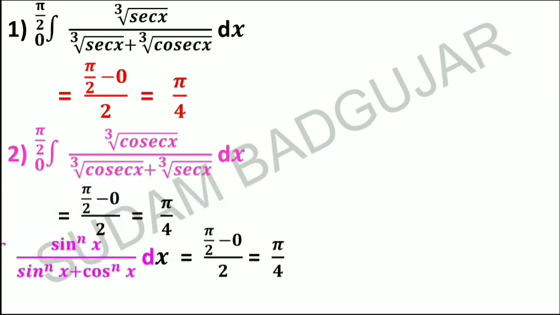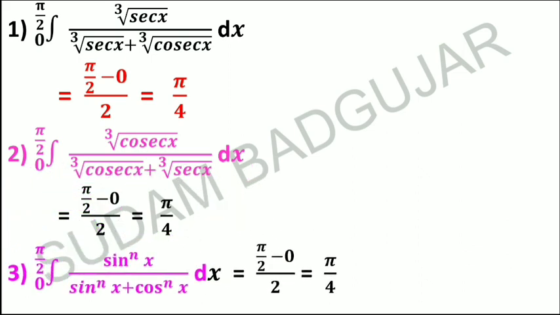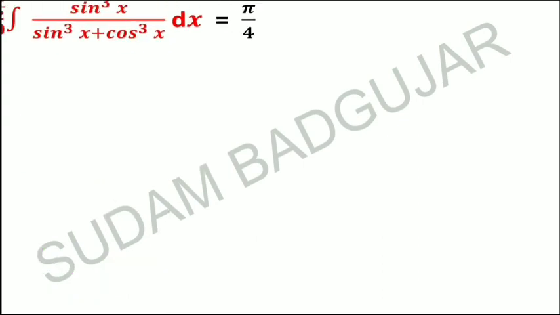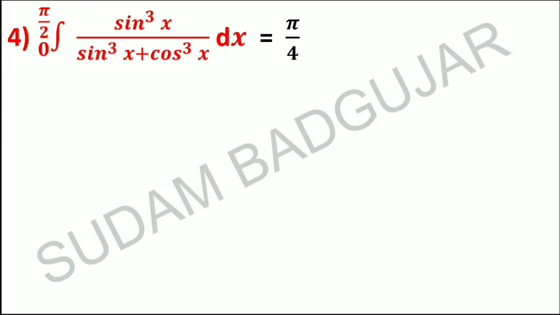One more question, question number 3: integration of sin raised to n x upon sin raised to n x plus cos raised to n x dx from 0 to pi by 2 is equal to (pi by 2 minus 0) upon 2, it becomes pi by 4, right? Now what is the answer for this?